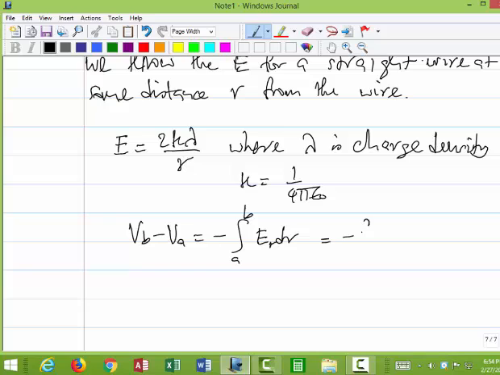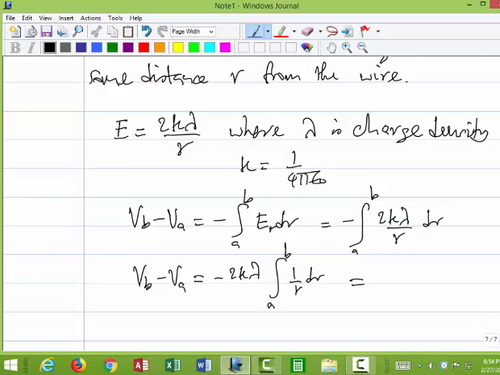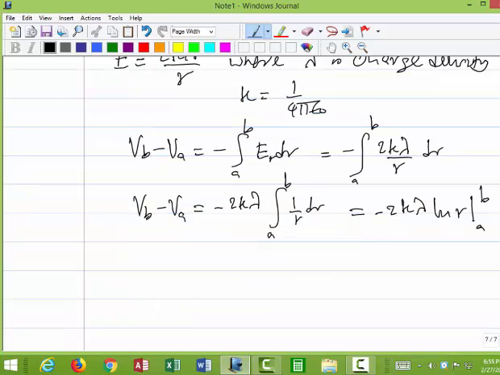So it's minus the integral from A to B of 2K lambda over R, dr. So that will give you VB minus VA equals minus 2K lambda times the integral from A to B of 1 over R dr. So we can solve that. What is the integral of 1 over R dr? So that's the natural log of R going from A to B.